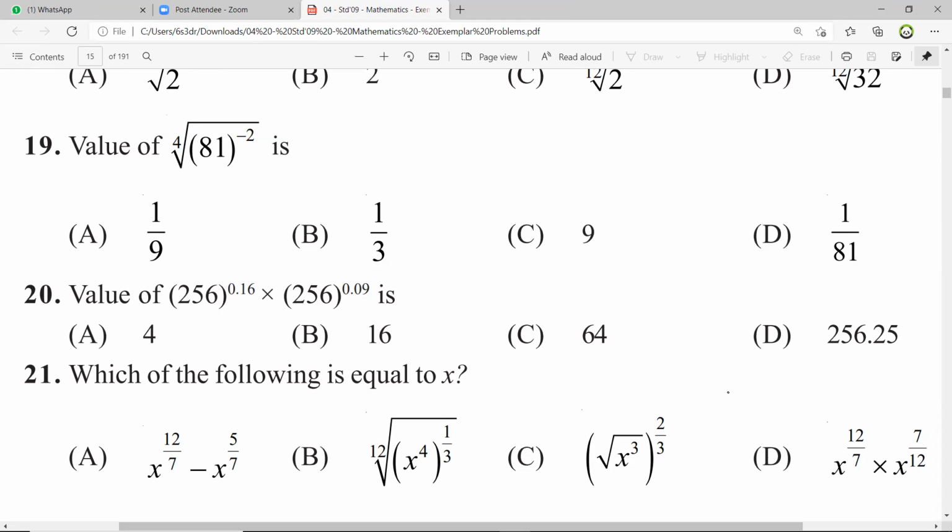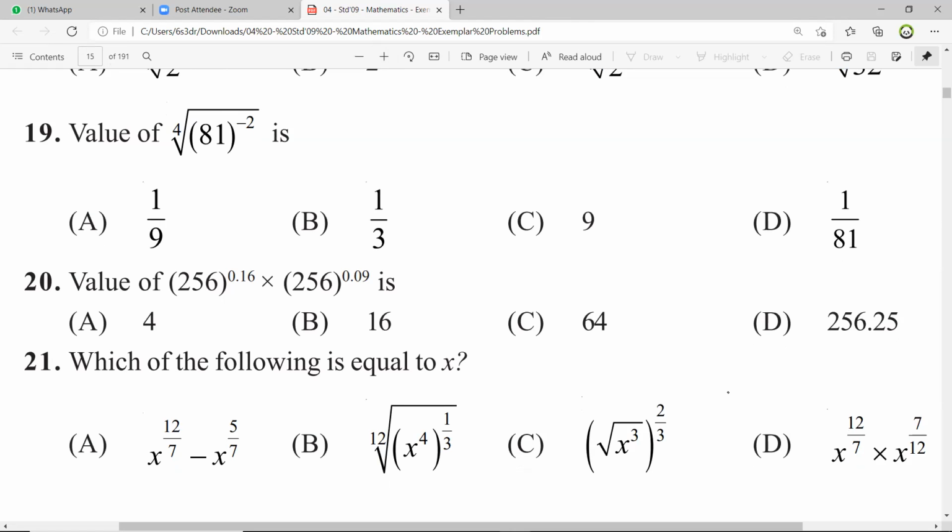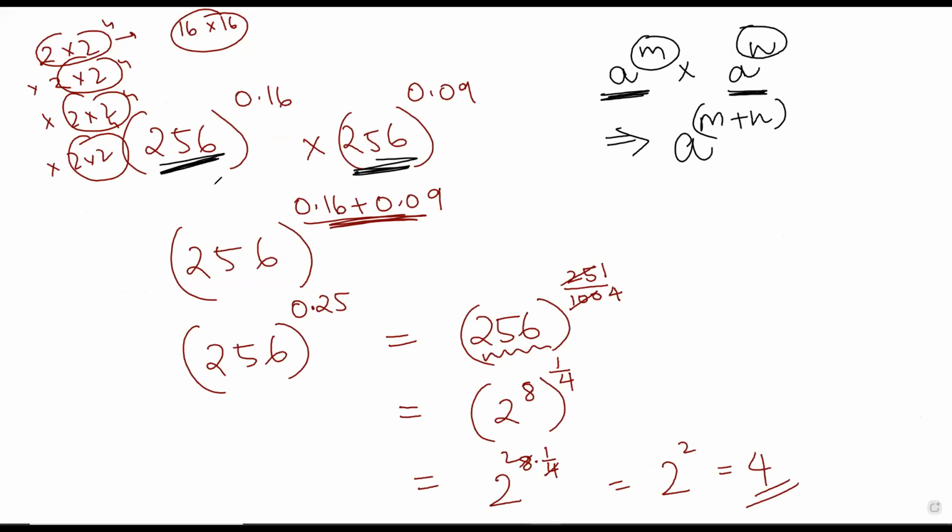So let's take a look at the first one. The first one is x to the power 12 by 7 minus x to the power 5 by 7. So the question asks which of these is equal to x.